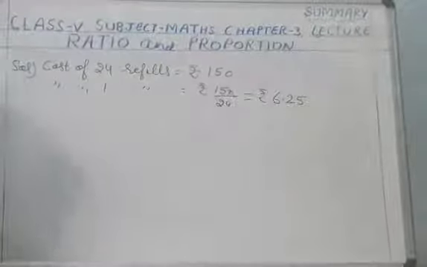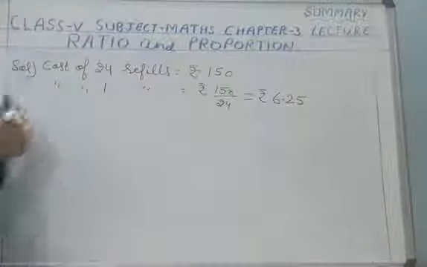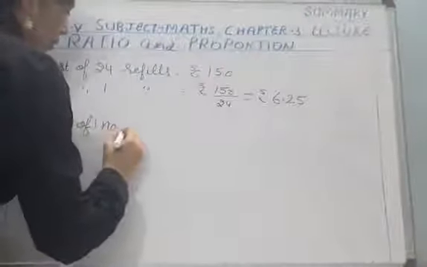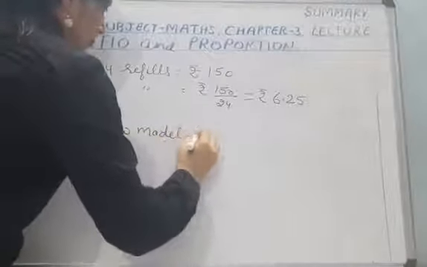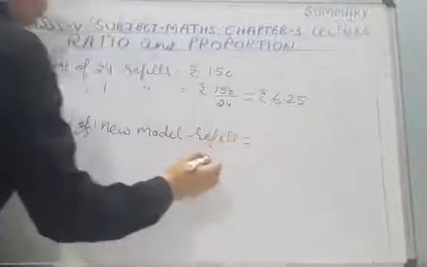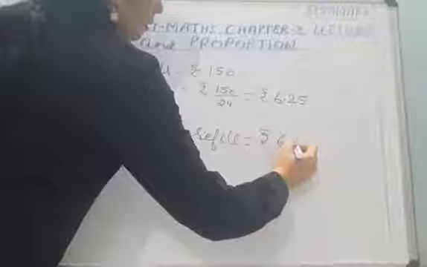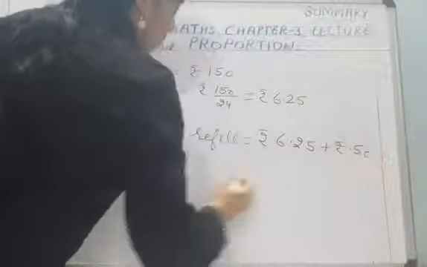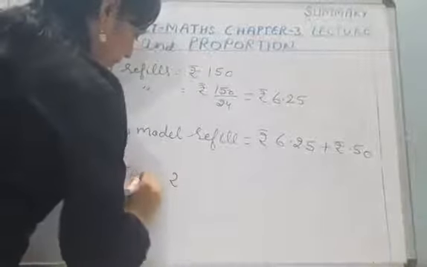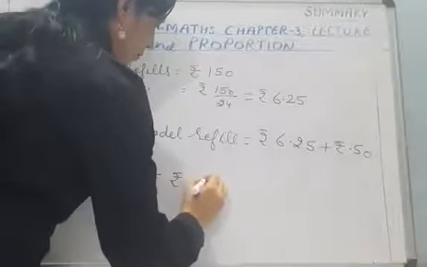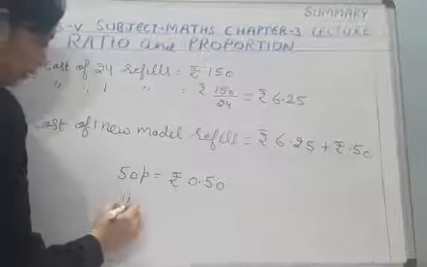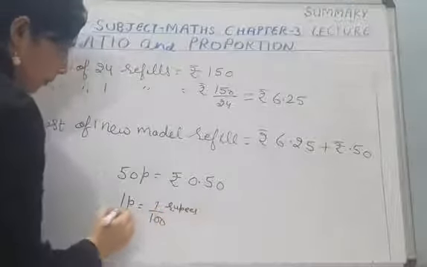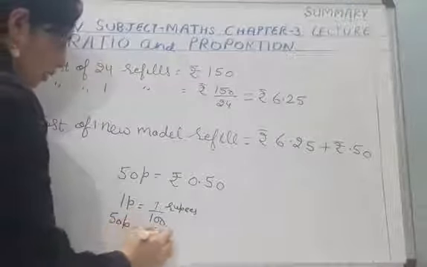न्यू मॉडल रिफिल की कॉस्ट पुराने रिफिल से 50 पैसे ज्यादा है. Cost of one new model refill is equal to rupees 6 decimal 25 plus rupees 0 decimal 50, because 50 paise is equal to rupees 0 decimal 50. 1 paisa is 1 upon 100 rupees. 50 paisa is 50 upon 100 rupees.